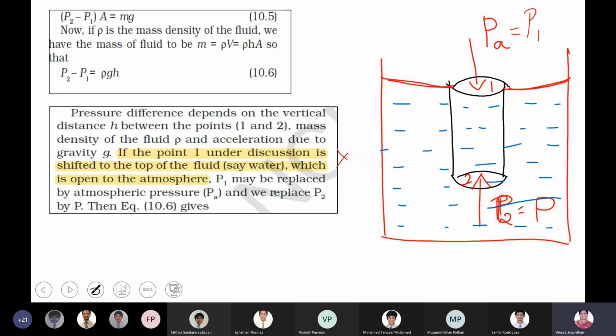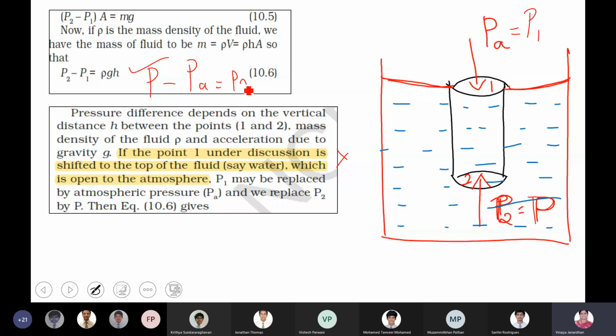So let the pressure on the top surface be P1, which is now equal to atmospheric pressure. The pressure at the lower surface, P2, we'll write as P. Now what happens to this equation? P2 becomes equal to P, and P1 becomes equal to atmospheric pressure.